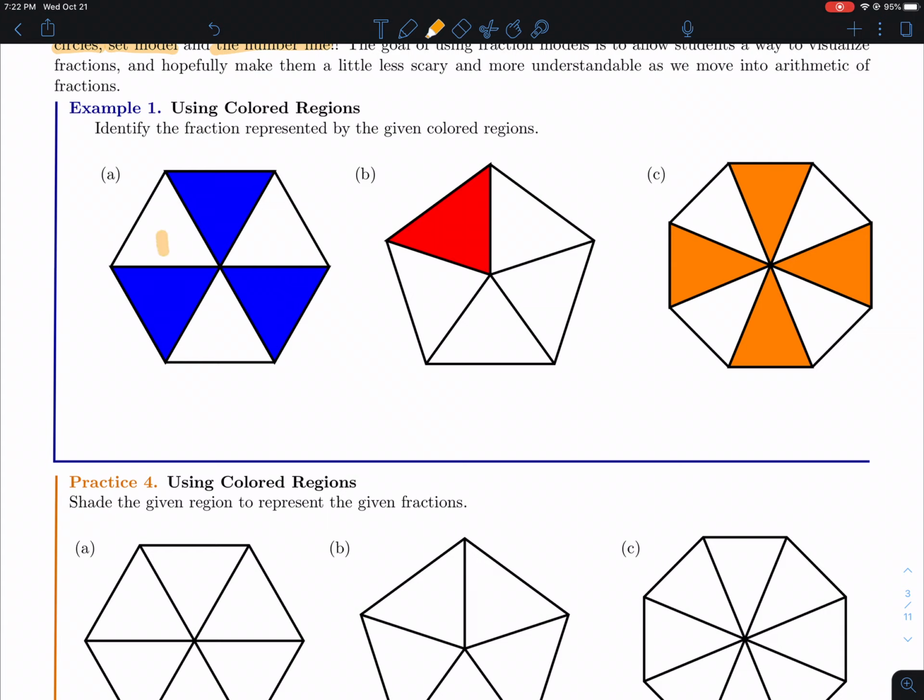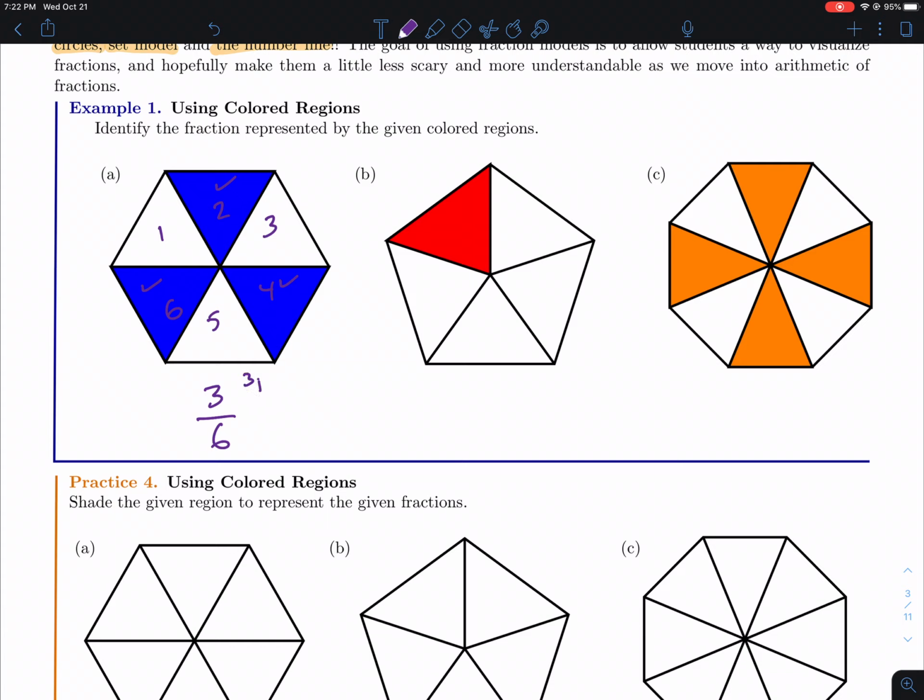So in this case, if I go through and count, this is a nice hexagon, so it's broken up into 6 equal triangles. So our bottom number in this case is going to be 6. And then how many colored regions do we have? We've got 1, 2, 3. So I've got 3 parts of size 1/6 in this case.